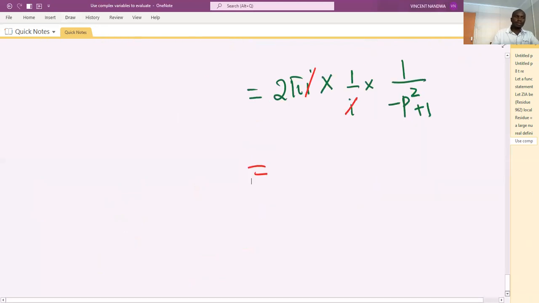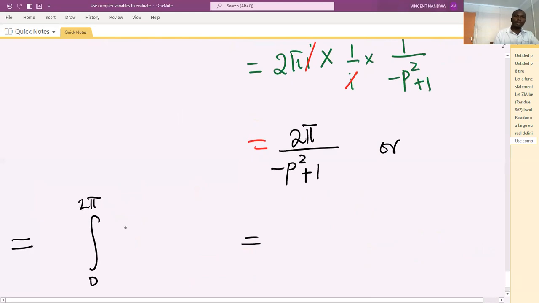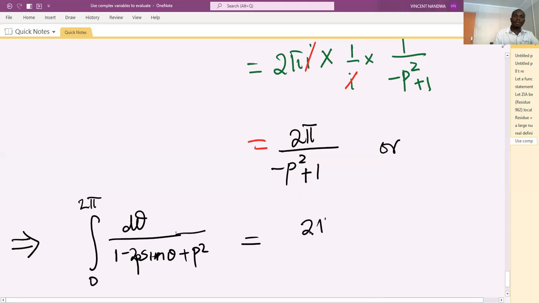So we'll have 2 pi over minus p squared plus 1, or we can write the integral from 0 to 2 pi d theta over 1 minus 2p sine theta plus p squared is given by 2 pi over 1 minus p squared.